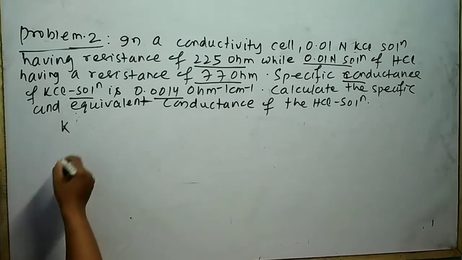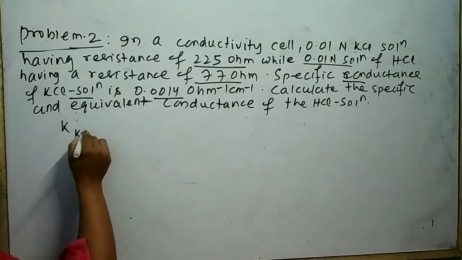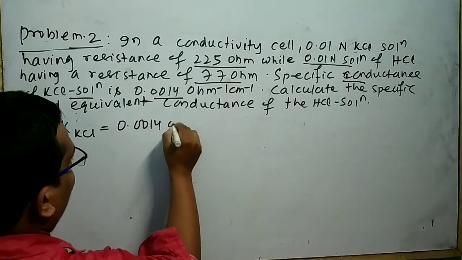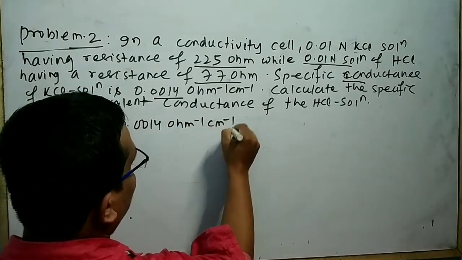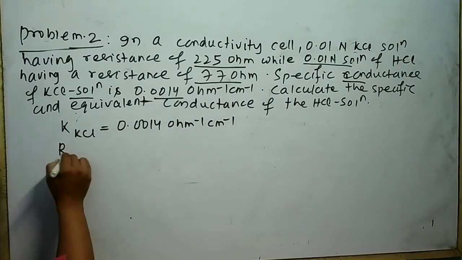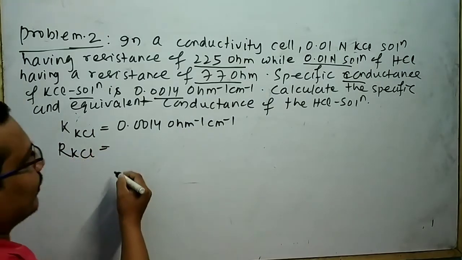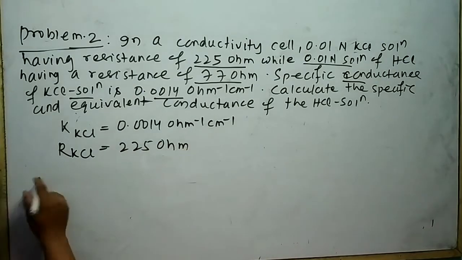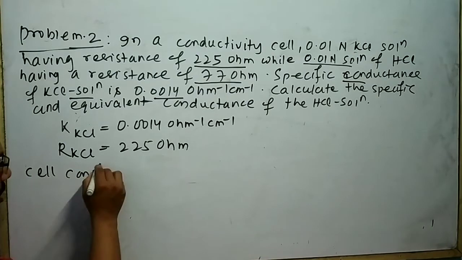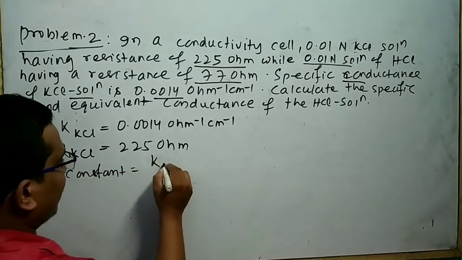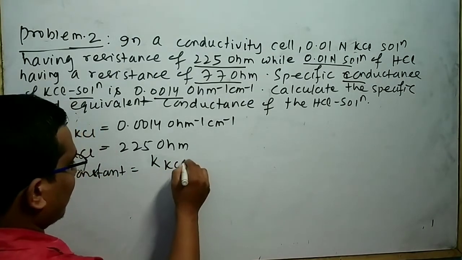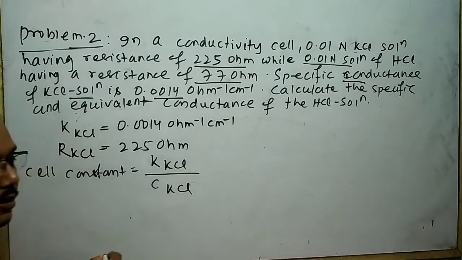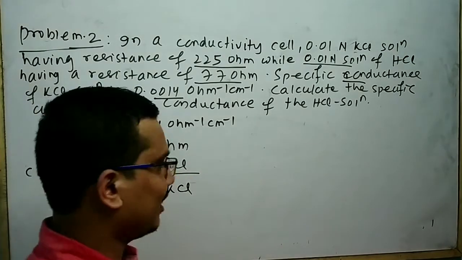Here specific conductance for KCl solution is given, that is 0.0014 ohm inverse centimeter inverse. Resistance of KCl solution is also given, that is 225 ohm. We know cell constant equal to specific conductance for KCl divided by conductance for KCl. Conductance equal to 1 by resistance.